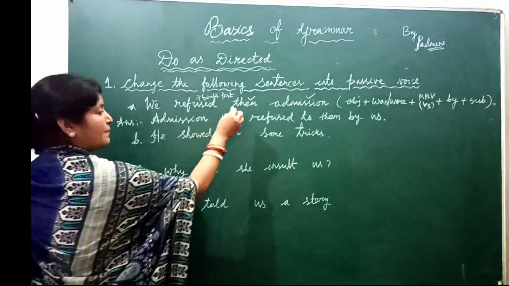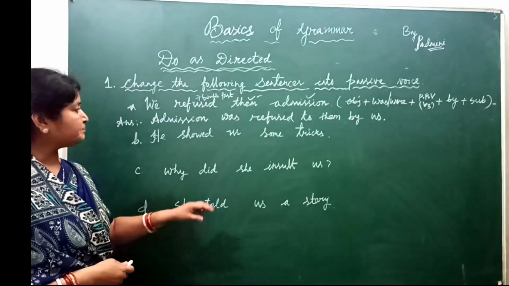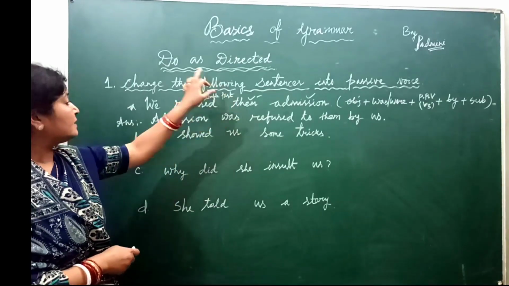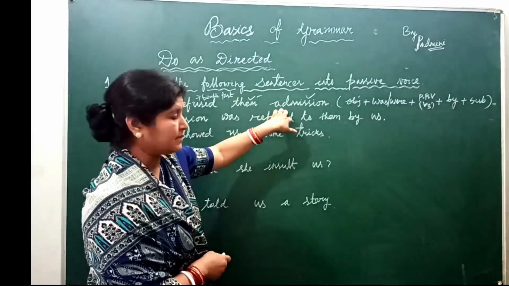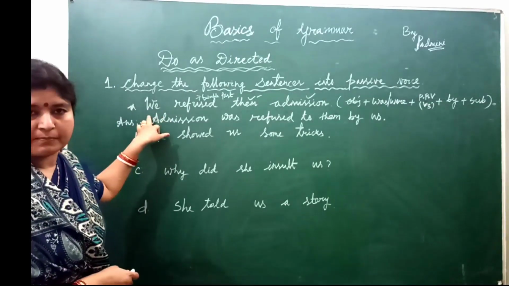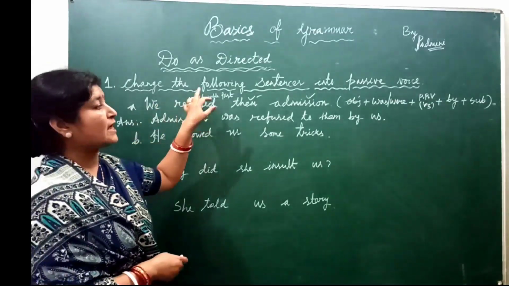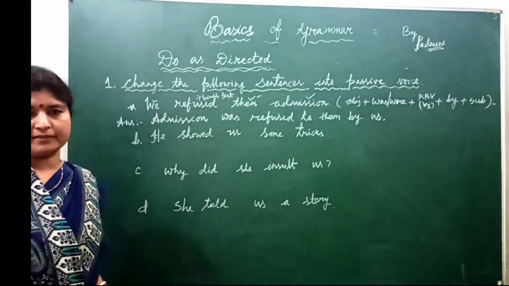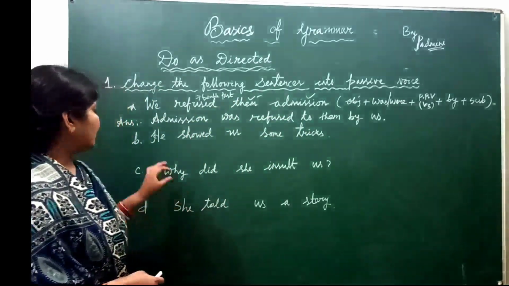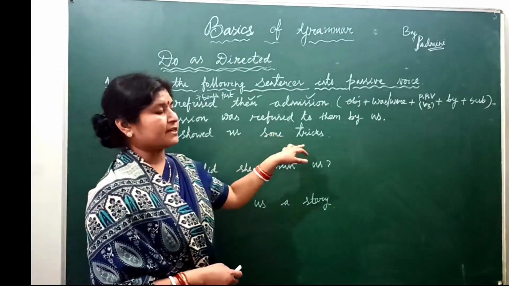If we will take them as the object, then they were refused admission by us. They were refused admission by us. Both the answers are correct. Okay? He showed us some tricks.